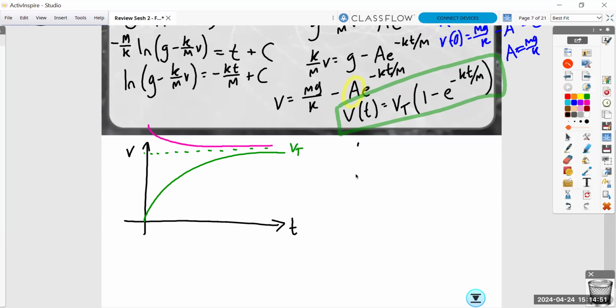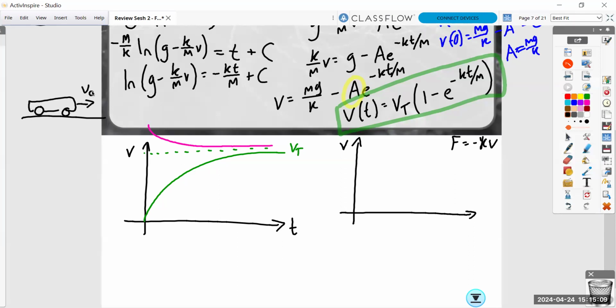Once in a while, and this came up on the practice exam, they'll give you a case where this thing experiences a drag force of negative kv, but there's no gravity. There's a car on a road, and the car starts off at some initial velocity, and then it experiences a drag force. But there's no gravity, nothing pulling it down, it's just slowing down.